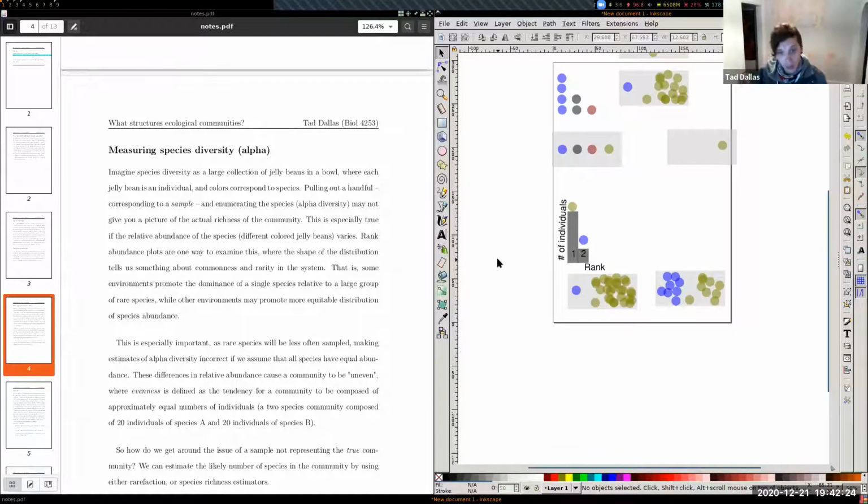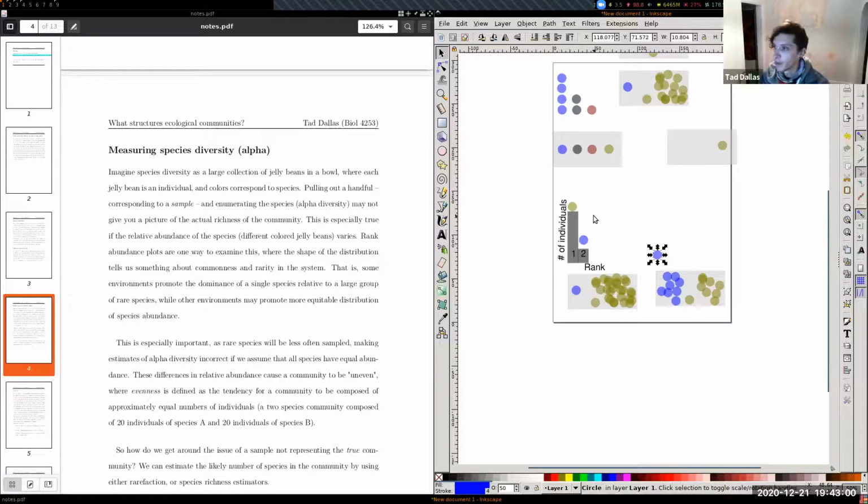Measures of evenness try to get at this, where some species, like this greenish one, are very, very common, while other species, like this blue one in this community, are very rare. Commonness and rarity is basically community ecology in a nutshell. You have a couple very common species, and then you have a lot of very rare species.